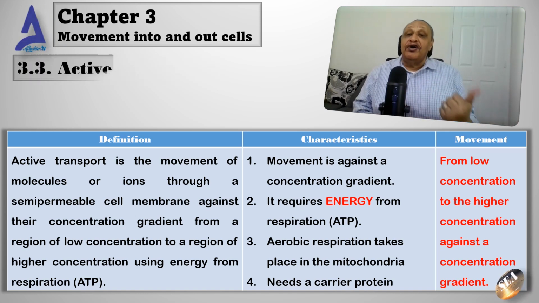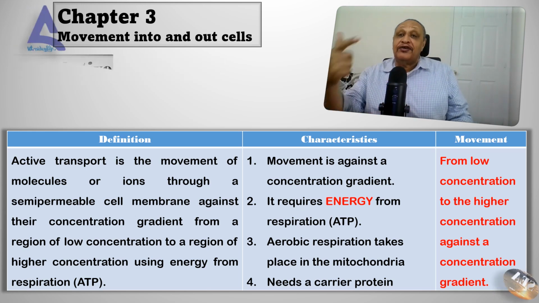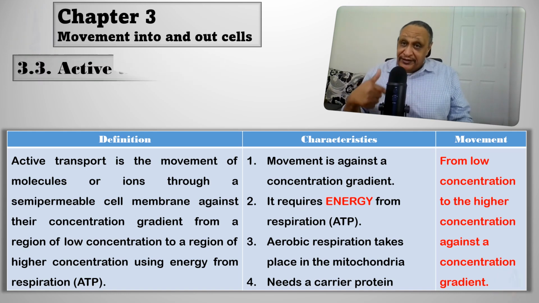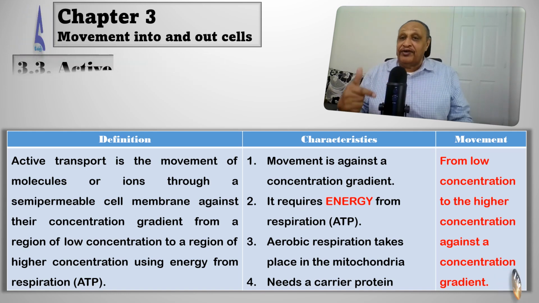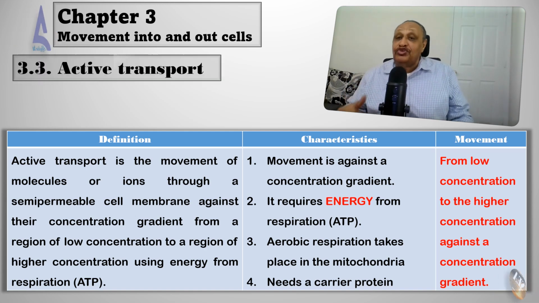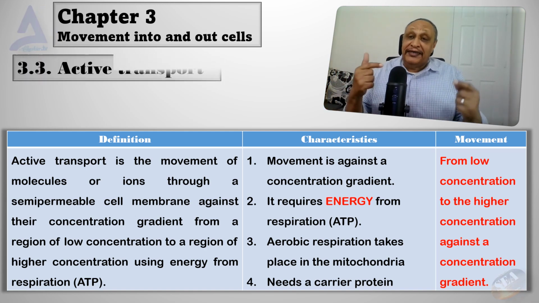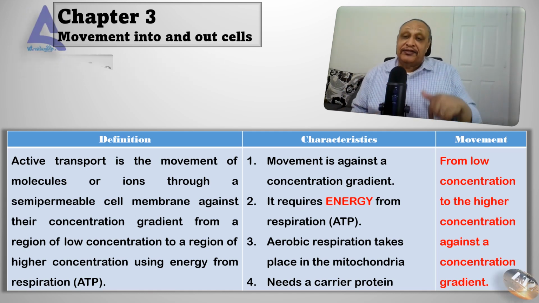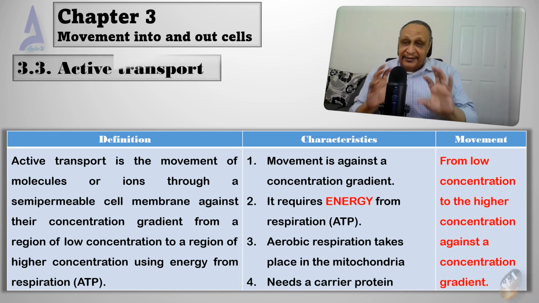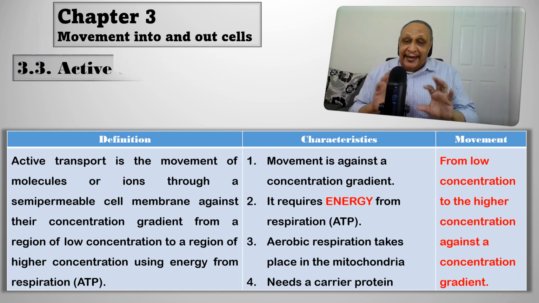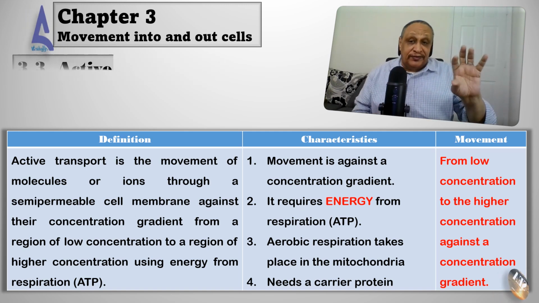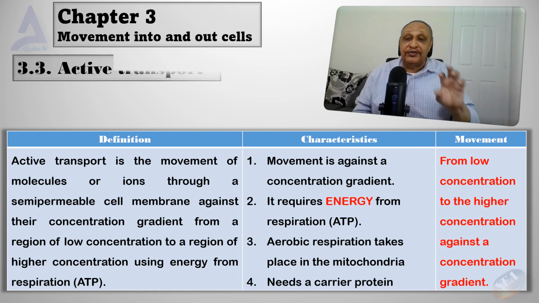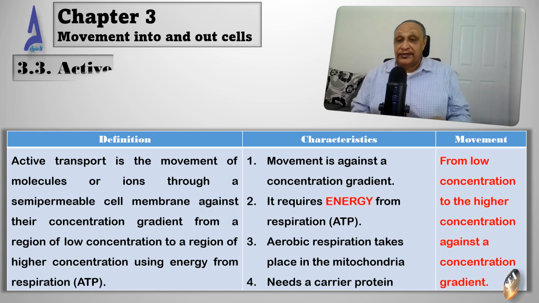Diffusion is from high concentration to low concentration. But active transport is from low concentration to higher concentration. So they are opposing each other. Again, it's the concentration gradient. Whether osmosis or diffusion, they move from high concentration to low concentration.